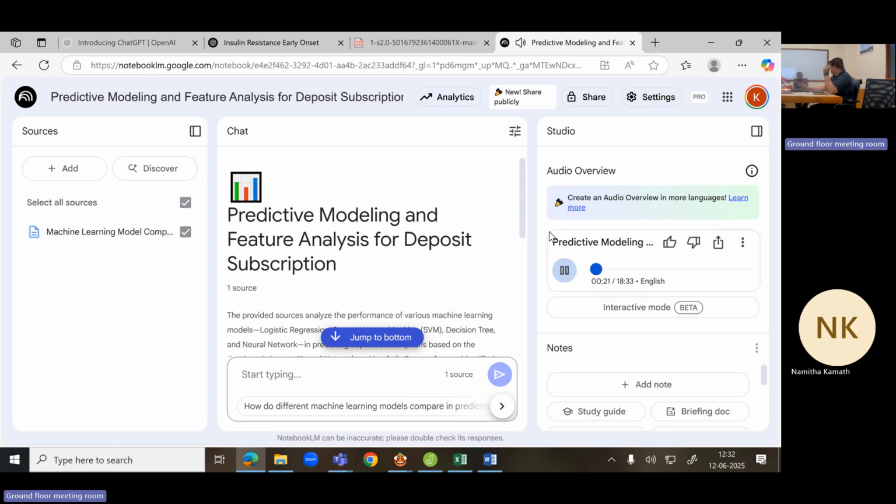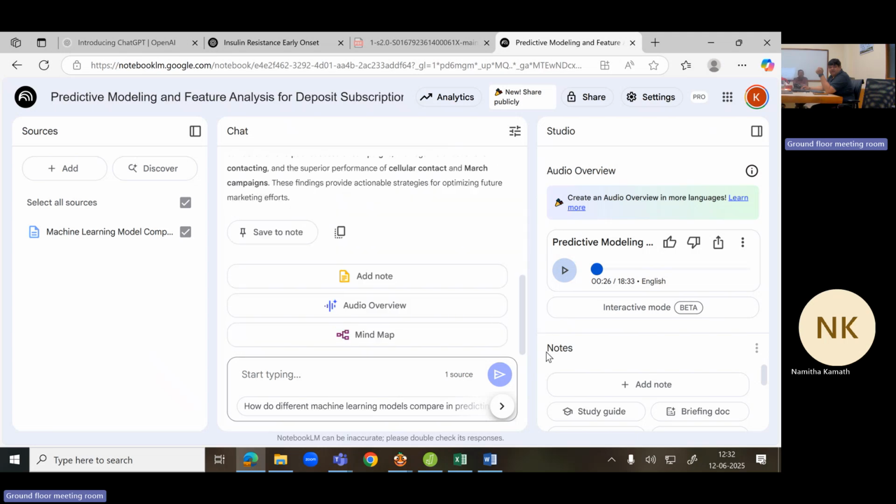One more thing I wanted to tell you is about thematic analysis, which we will see in detail next session. There are certain things that will help you out here. There's something called a mind map. This mind map is definitely good in the qualitative research part, as I understand.